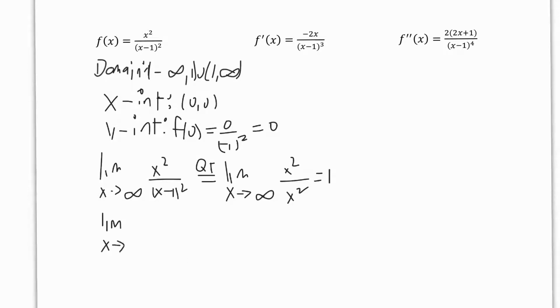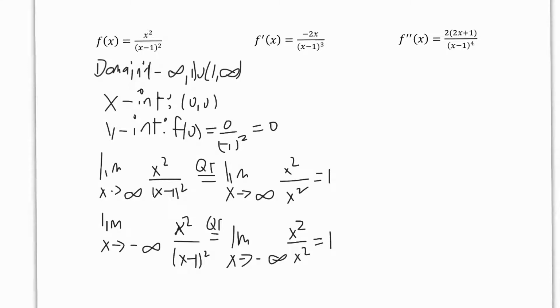We'll check the limit as x approaches negative infinity of x squared over (x minus 1) squared. Again, we use the quotient theorem whenever we're going to infinity or negative infinity, and that's going to give us also 1. So this tells us that we have a horizontal asymptote at y equals 1.